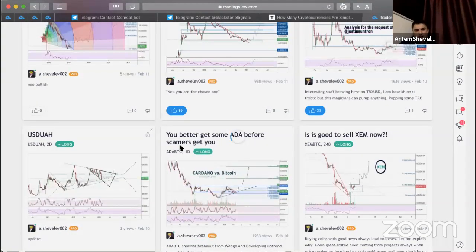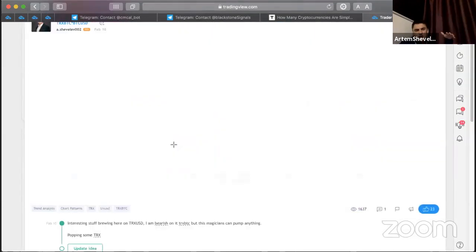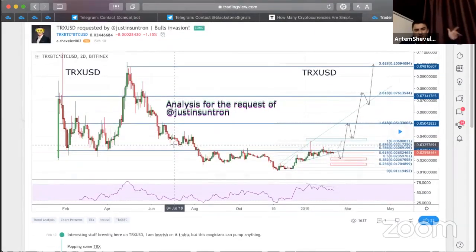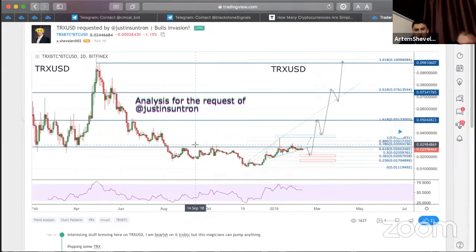All right. I also have the Tron analysis on Tron USD. Today, we have some questions about Tron as well. I already described it: Tron BTC and Tron USD need to revisit the diamond area of 0.02 or even lower, 0.015, and somewhere between them it's probably going to reverse.